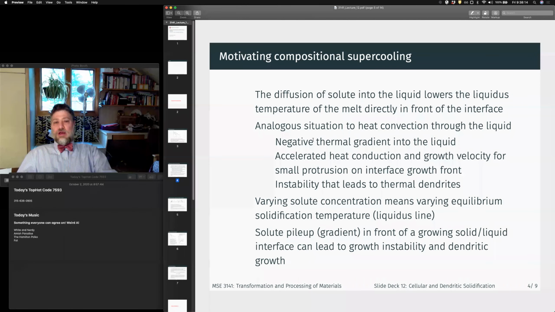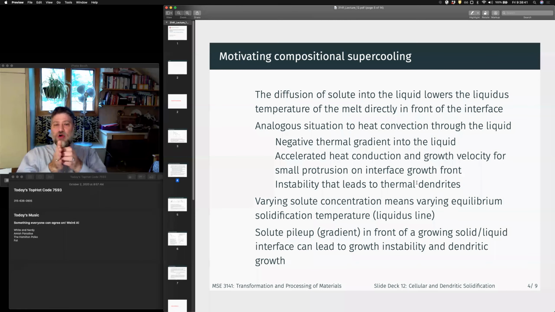When we had a pure solute, we talked about the thermal dendrites that formed when we had a heat flow going through the liquid. When we had a negative thermal gradient in the liquid, we had accelerated heat conduction around the dendrite as it grew out.